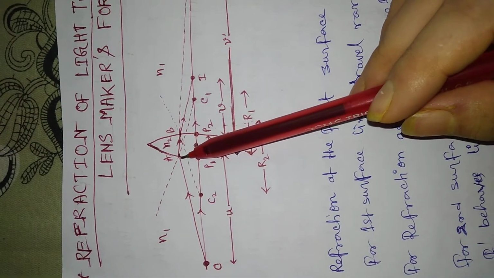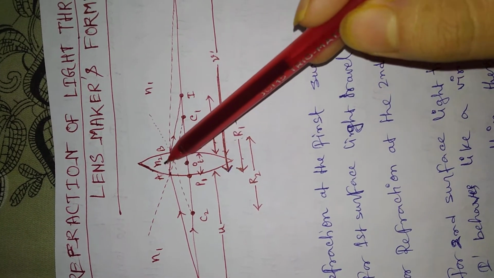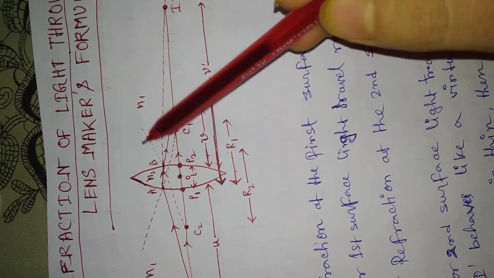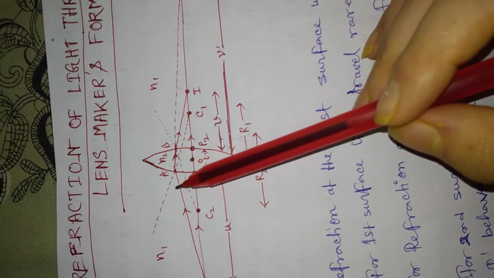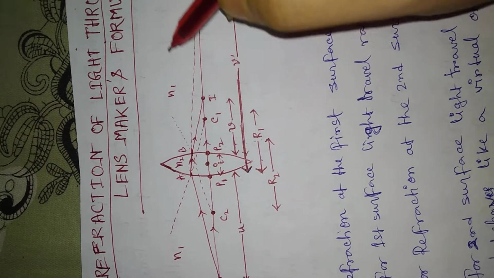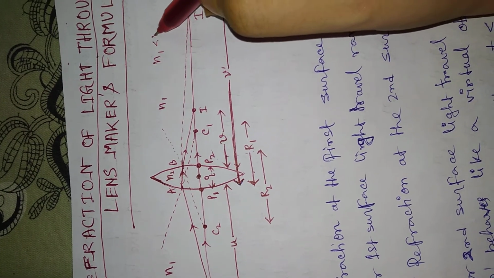So it is incident at point A, and this is the actual path of this ray. The ray travels from a rarer medium to a denser medium. Here I am assuming that n1 is less than n2.